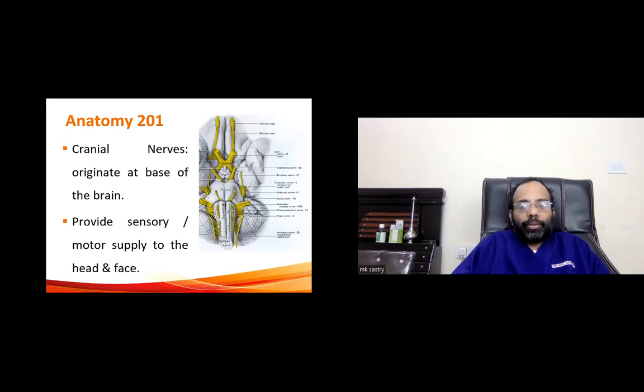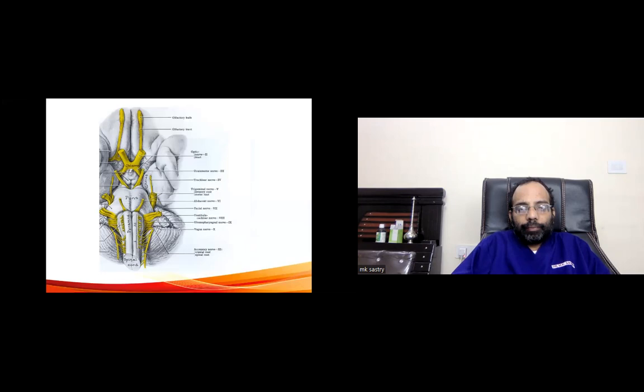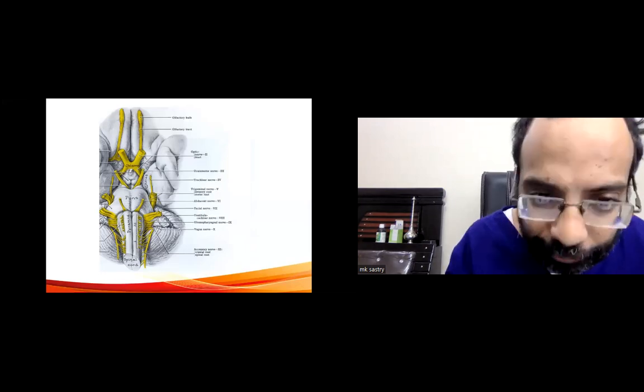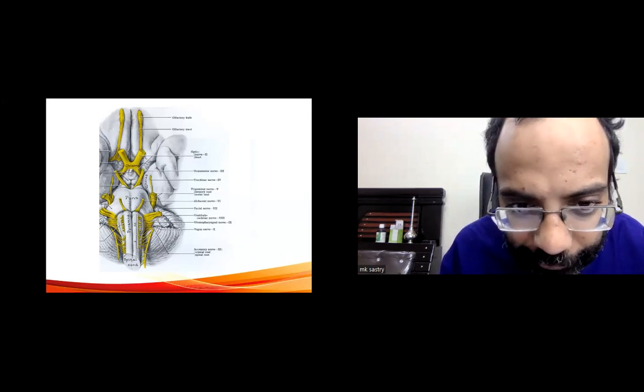The cranial nerves of the brain provide sensory and motor supply to the head and face. You can see cranial nerves originate at the base of the brain and provide sensory and motor supply to the head and face. Right? There are 12 cranial nerves, right?